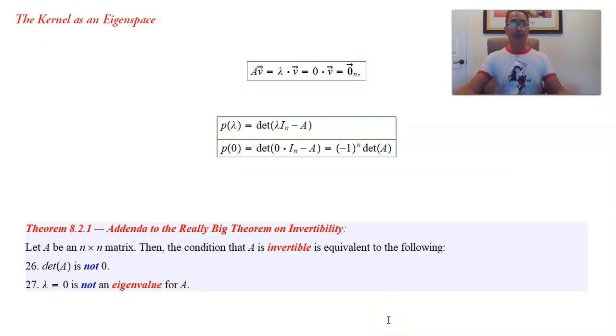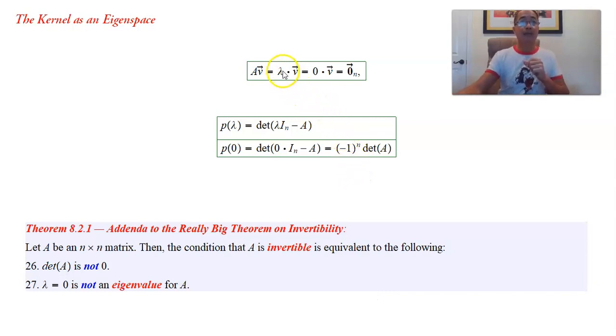Okay, so let's think a little bit more about the kernel. We said that an eigenvector cannot be the 0 vector, but there's nothing stopping us from having the real number 0, the scalar 0, as an eigenvalue, our lambda.